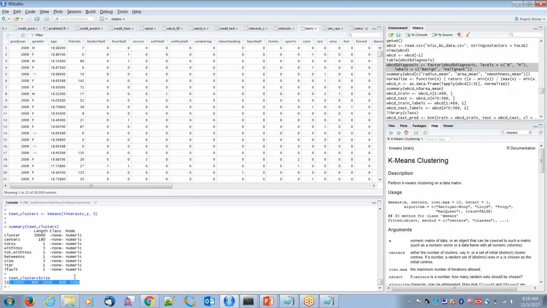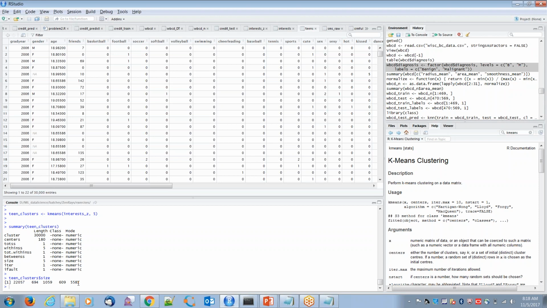So these are the 5 clusters, since I supplied 5, right? So the first cluster has 22,000 data points, the second cluster has 694, the third has 1059, the fourth has 609, and the last one has 5581. So these are the sizes of the clusters.